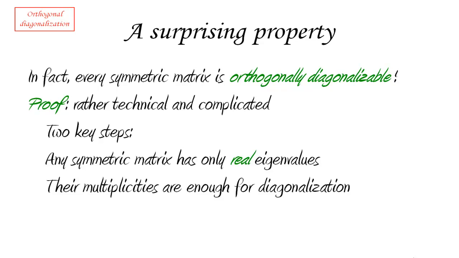Now that we know that, we can do the construction of the orthogonal diagonalization pretty much like we did the construction of the diagonalization. Find the eigenvalues, construct the eigenvectors. The only problem is to make sure that the eigenvectors you pick are orthogonal to each other.